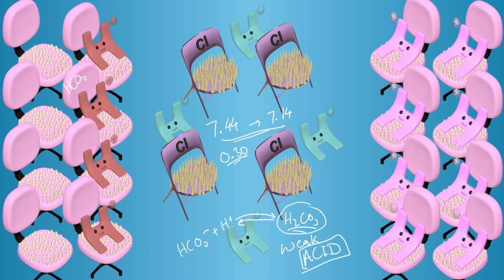So what actually happens is that the amount of H2CO3 rises. Because H2CO3 is a weak acid, what is the definition of a weak acid? A weak acid is an acid which does not completely dissociate in water. Okay, let me clarify it a bit more, because I know some of you might be confused here.